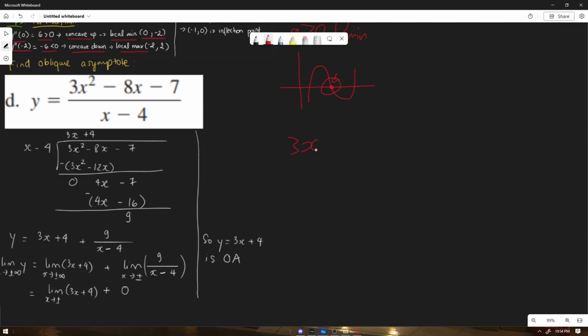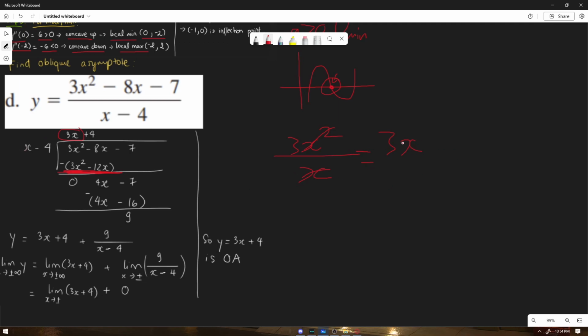So 3x squared over x will give us 3x, which is right here. So to get the bottom part here, we're gonna sub 3x into this.